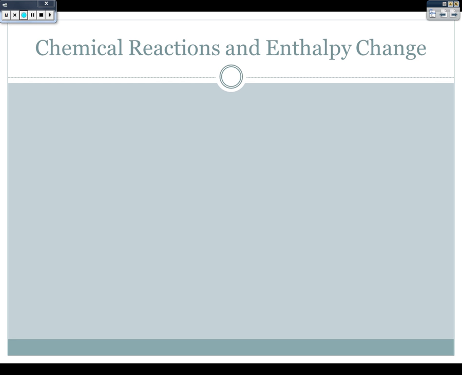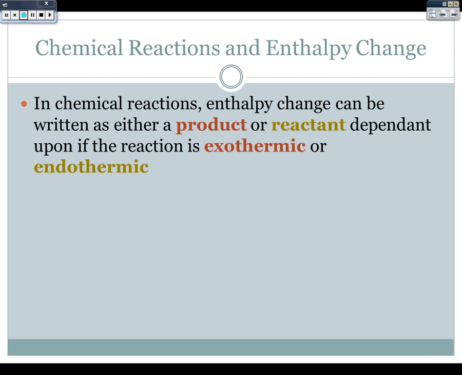So, chemical reactions and enthalpy change. In a chemical reaction, enthalpy change can be written as either a product or a reactant, dependent upon if the reaction is exothermic or endothermic. If the enthalpy change is considered a product, that is an exothermic reaction, meaning that heat is given off.